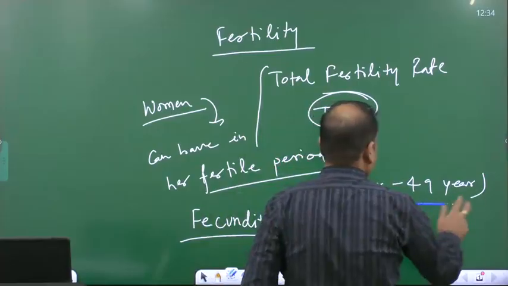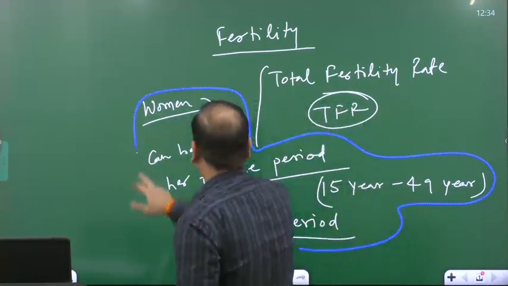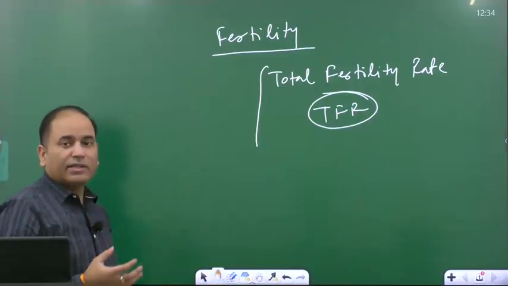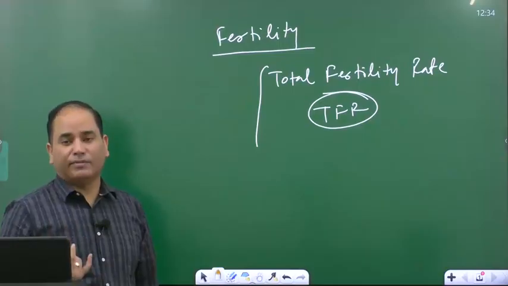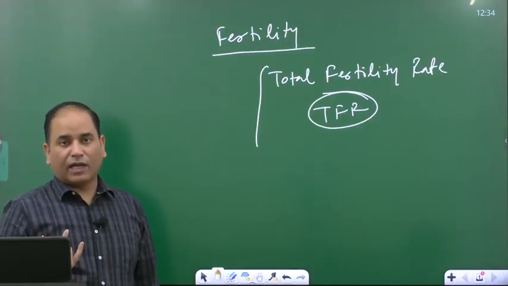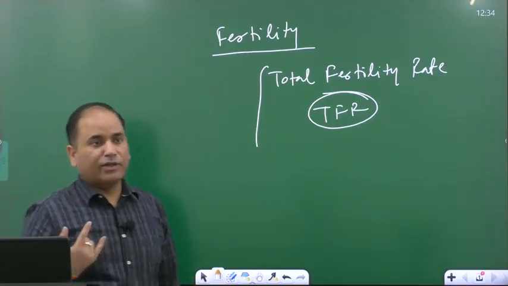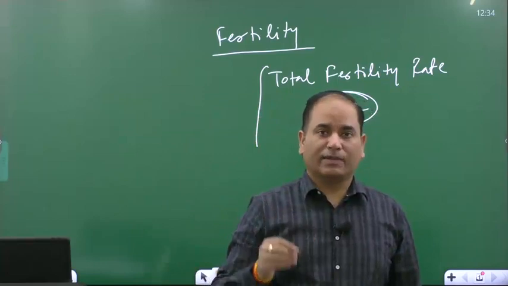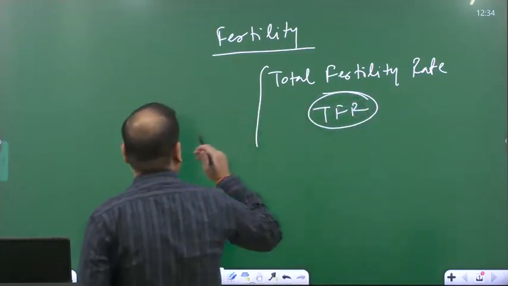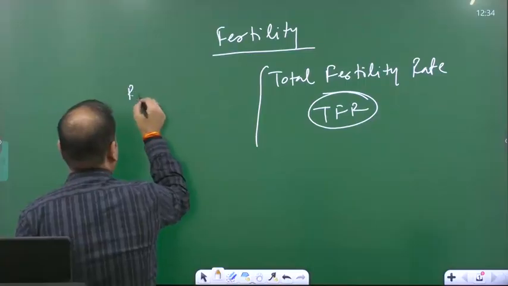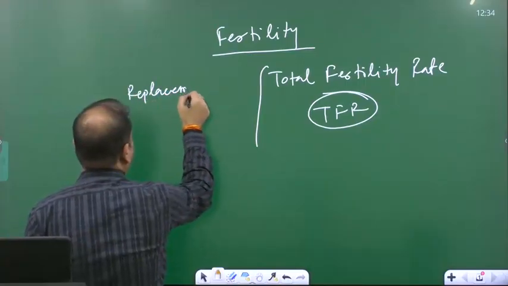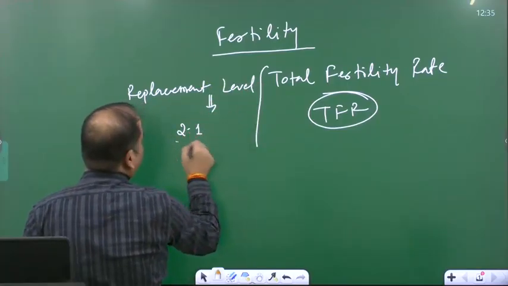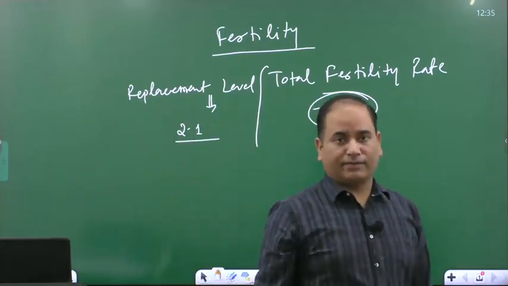One more thing. There are a few things that you need to understand. So this is a generalized calculation of how many children a woman can have. So the calculation will be in fraction, but you need to be clear that children cannot be in fraction, right? So this is only a mathematical aspect. As far as TFR is concerned, we refer to a TFR as replacement level. So which TFR is referred to as replacement level? 2.1.